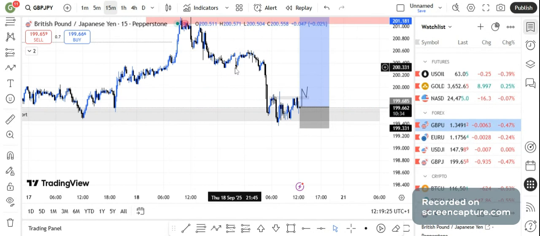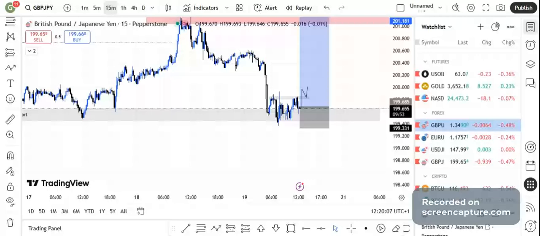Price action patterns. All right, so I was literally thinking of showing you something on Google, but I can't.